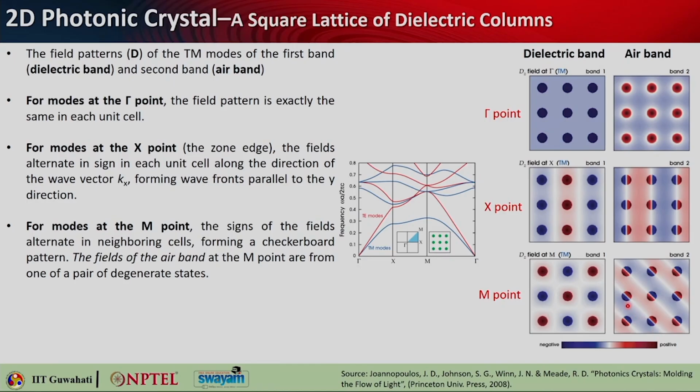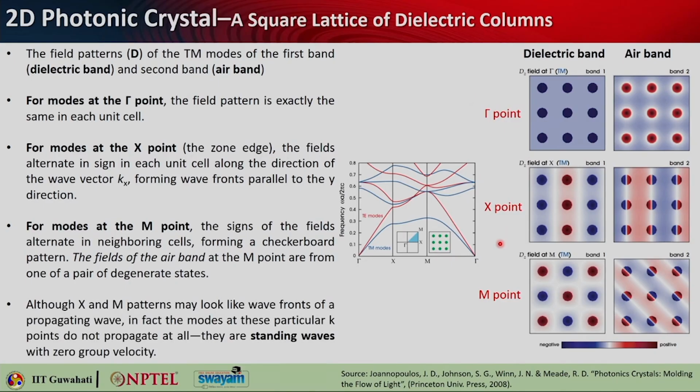So, you can get degenerate states and so on. This is the difference between the displacement field patterns. As you can see, we are only plotting the z component here, Dz, for the TM modes, and at the 3 different important points we are able to see the patterns.